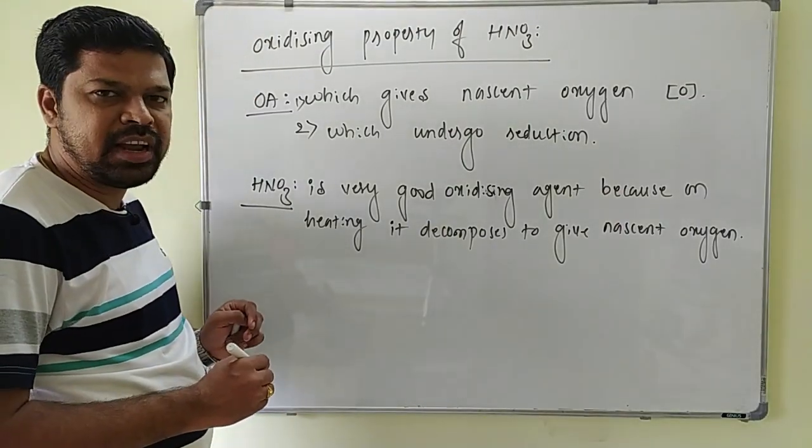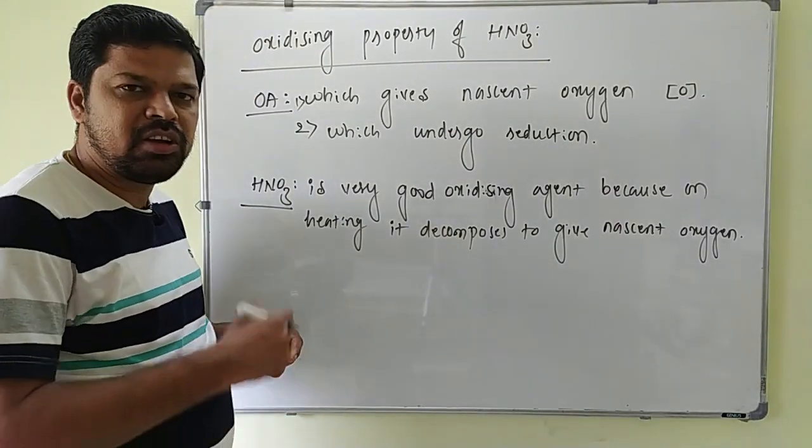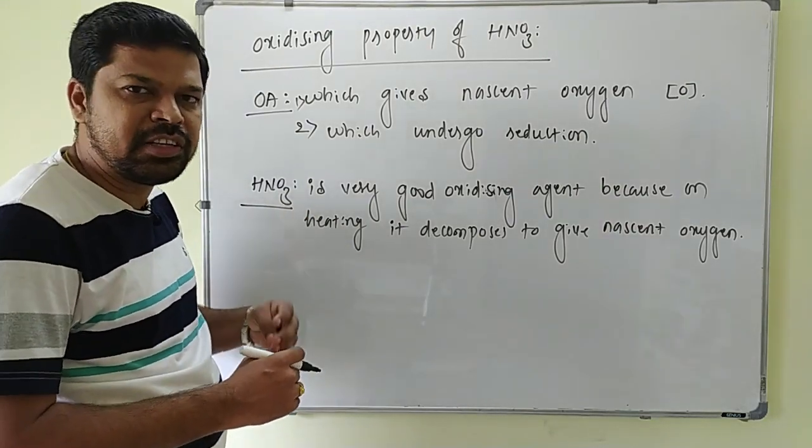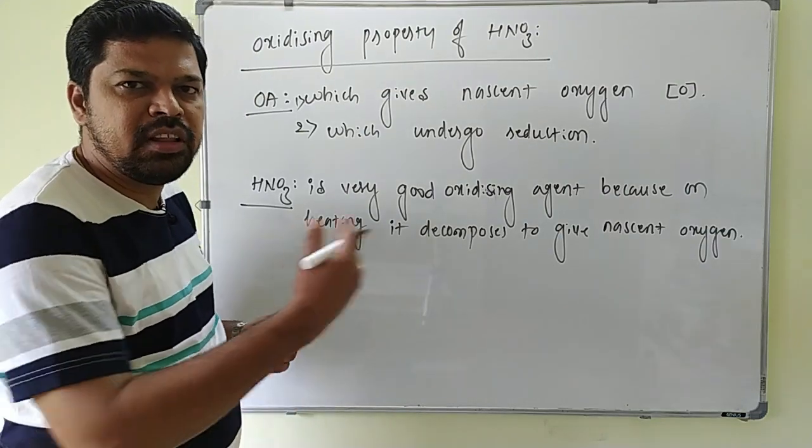There are two decomposition reactions based on the concentration of the HNO3. If we take concentrated HNO3 or dilute HNO3, you will get a different number of nascent oxygens.